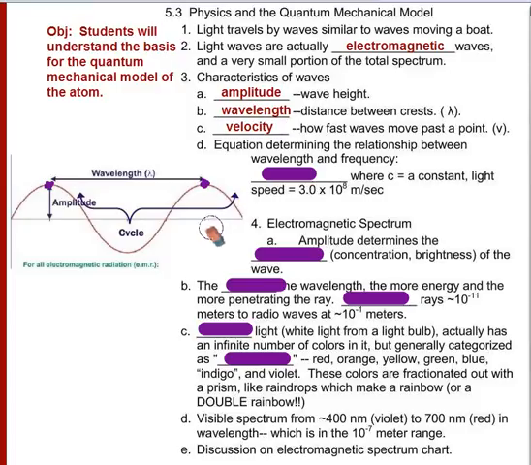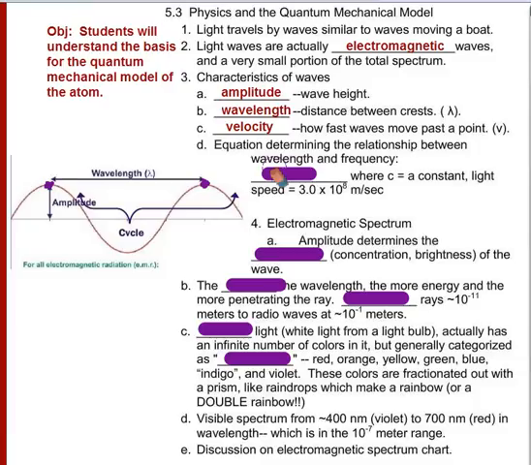Velocity, which is how fast waves move past a point. So they have amplitude, wavelength, and velocity. Now, they also have frequency. However, frequency is inversely proportional to wavelength based on the velocity of the wave.